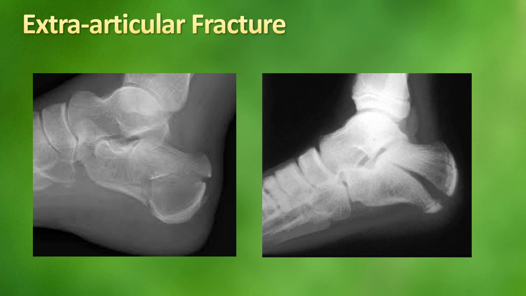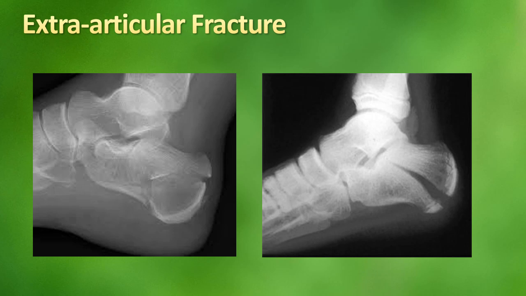Here, from the injury point of view, the talocalcaneal joint is very important because this is the joint which is involved in movement, whereas the calcaneocuboid is not a very important joint because minimal movement is allowed at this joint.